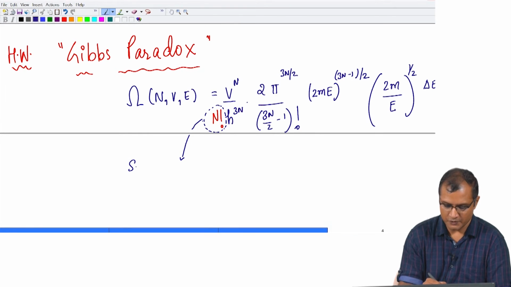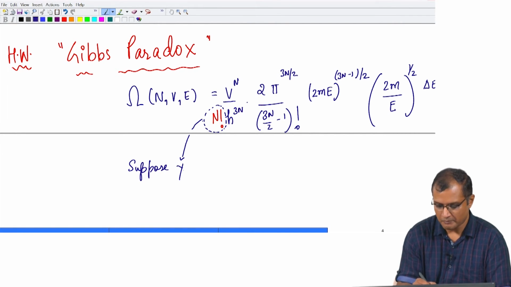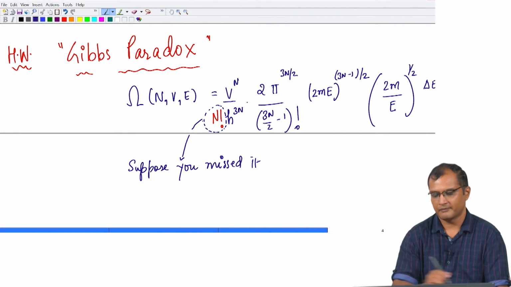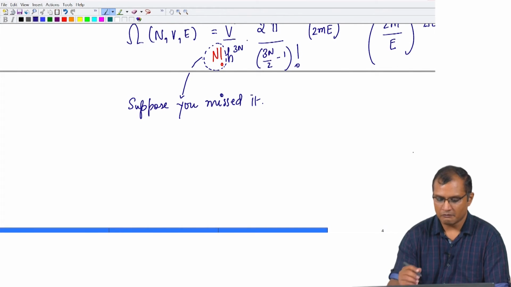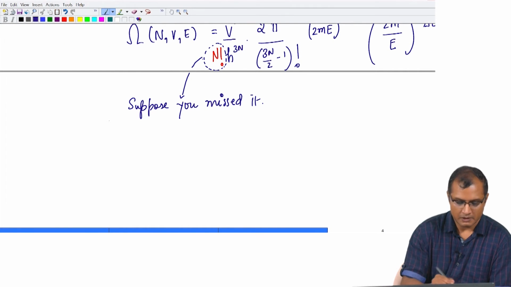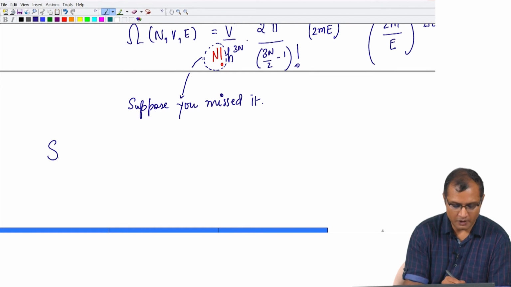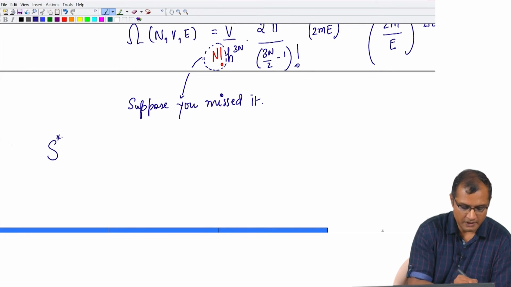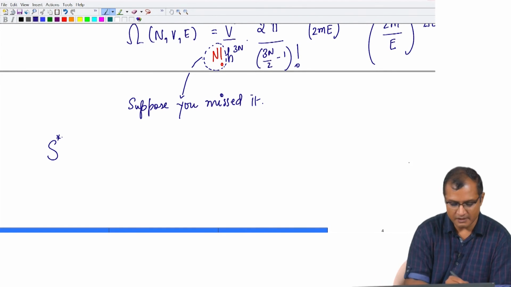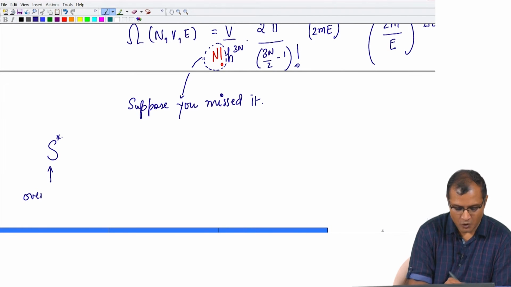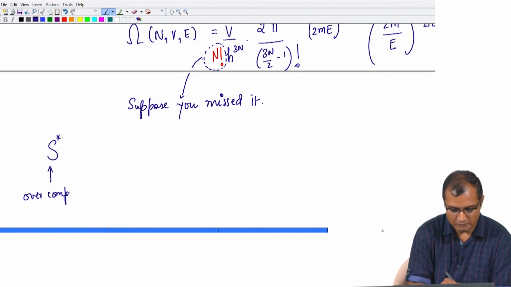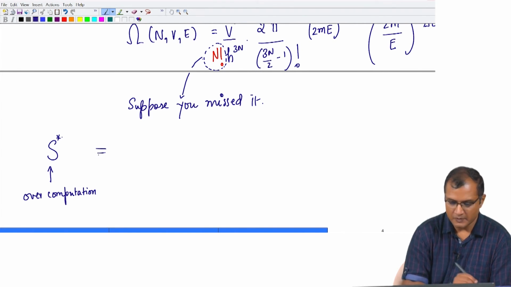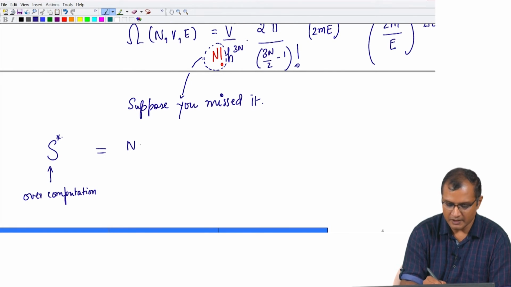Suppose you missed it, then without this N factorial, the expression for entropy, and I am going to write a superscript star to tell you the fact that this is an over computation, would be just N k_B ln of V into (4 pi m E over 3 h squared N) to the power 3/2.